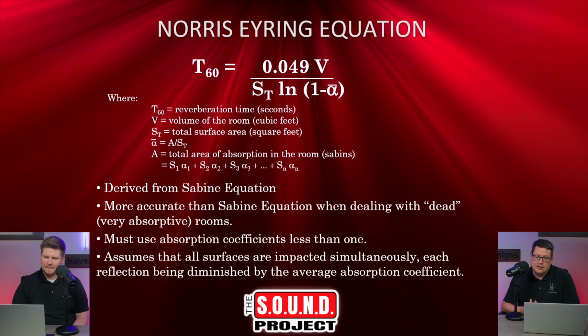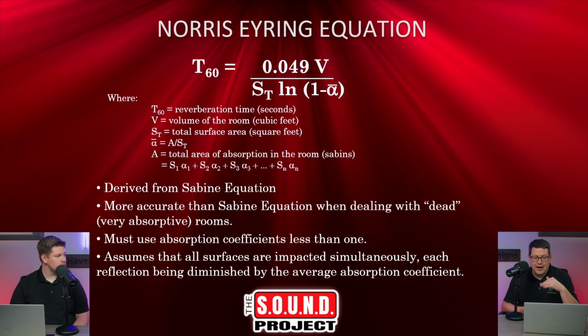But most of the time, we don't use this just because by nature, people call us when echo is an issue. But it is just derived from the Sabin equation. And the difference with this one is that you do have to use absorption coefficients that are less than 1. You'll notice on the bottom of this equation here, which is T60 equals 0.049 V, we recognize that from the Sabin equation.